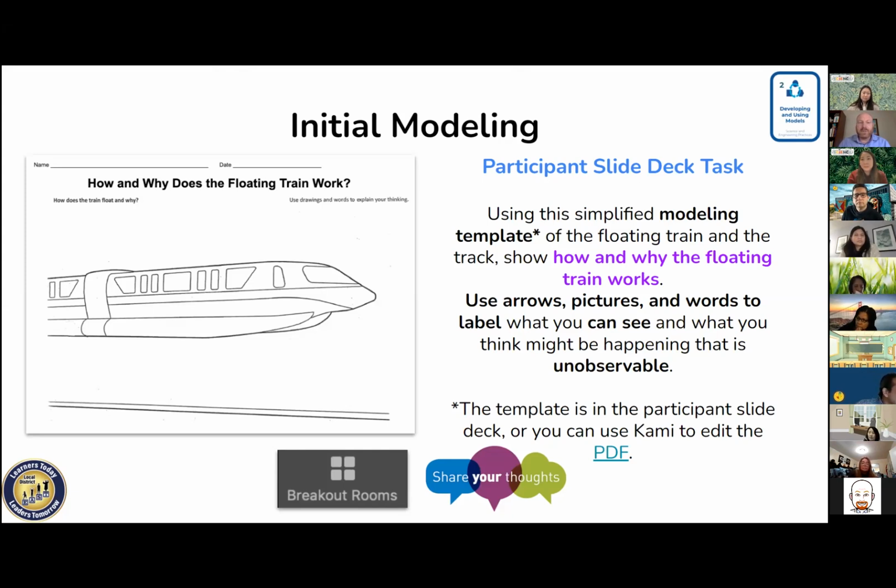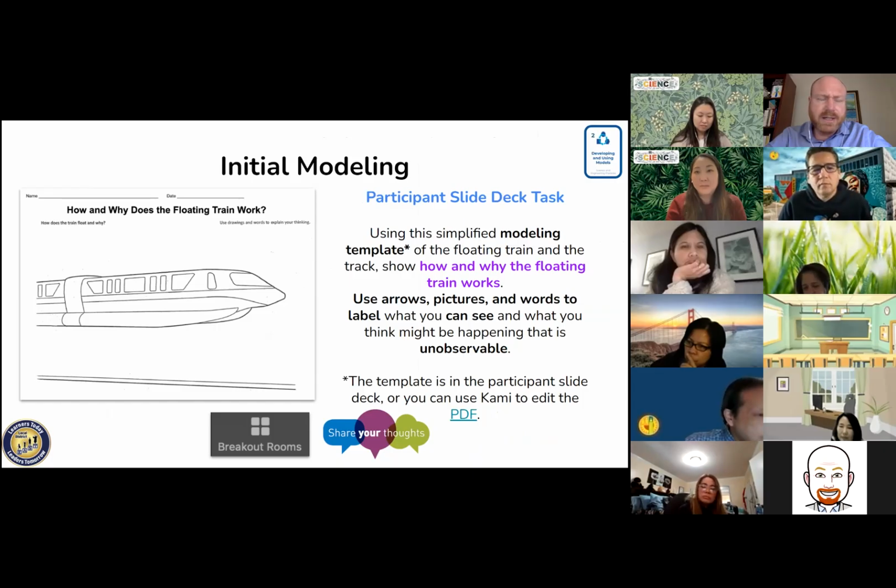If we were doing this in person, I would definitely have pieces of paper for you to write on, because it lowers that digital hurdle. But given that you had a little bit of time to talk, is there anything that you'd like to share in terms of how you think this is working? Did anyone scribble anything down?